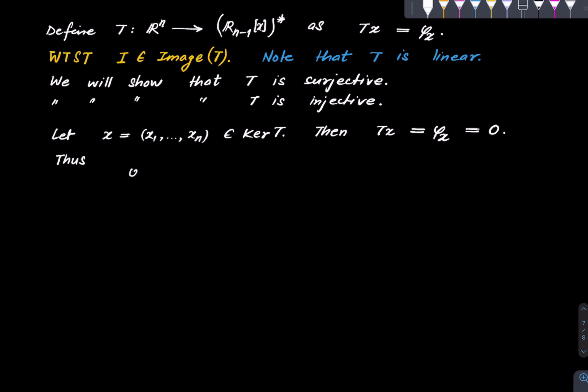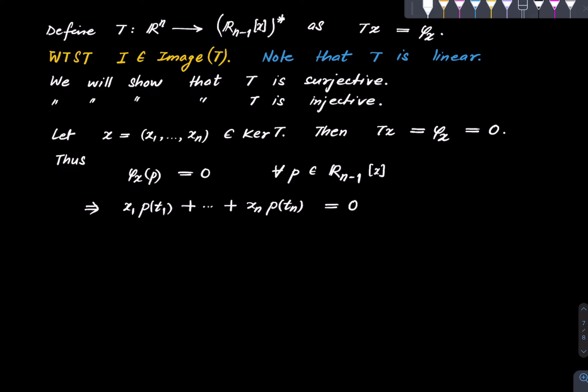Thus phi x of p is 0 for all p, which implies x1 p(t1) plus dot dot dot xn p(tn) equals 0 for all polynomials.